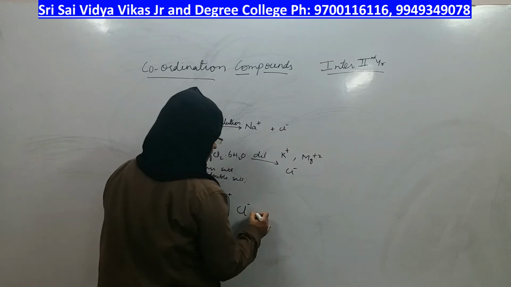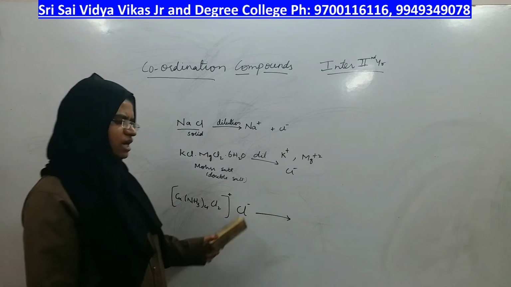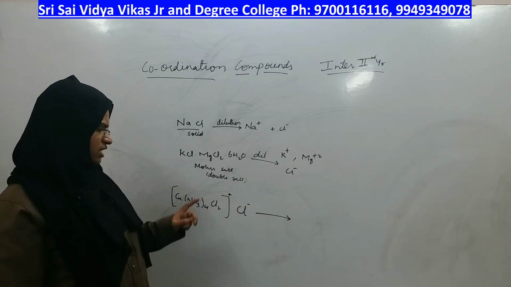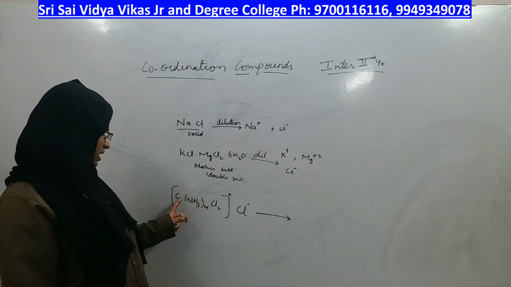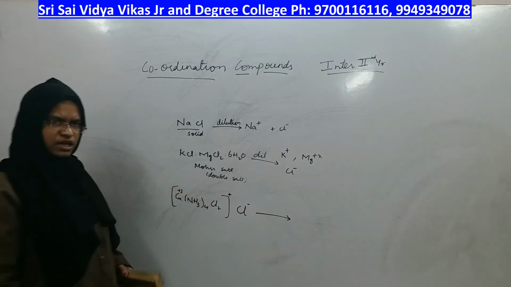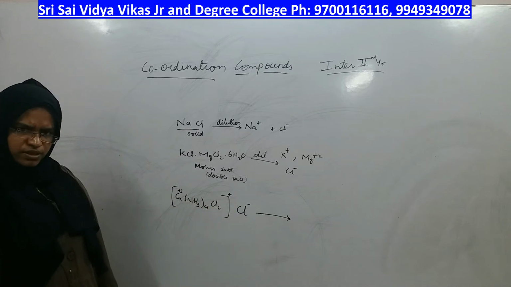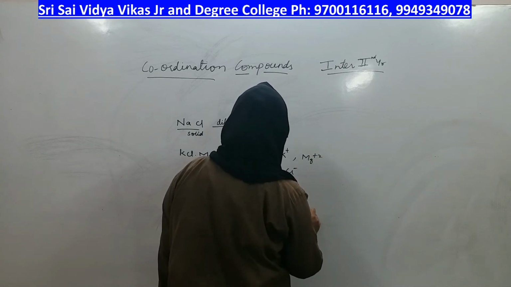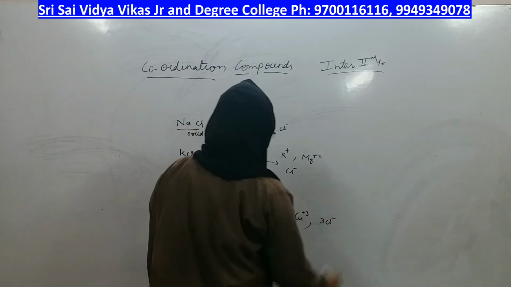So when I dissolve this coordination compound in water, which ions are possible to get? In the total compound, you can see that there are 3 chloride ions and 1 Cu3+ ion possible. So which ions you should get on dilution is 1 copper 3+ ion and 3 Cl- ions.